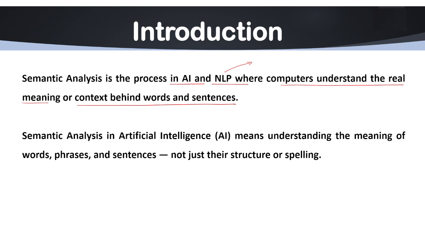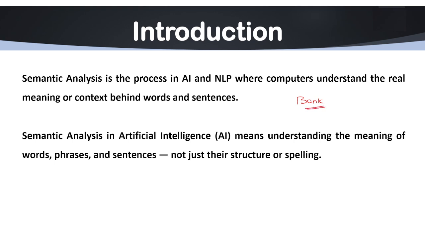Let's take an example first. If I am writing, he sat by the river bank, that means bank means side of a river. So a human understands the difference very easily. So semantic analysis helps AI to do the same. We have two meanings of bank, right?